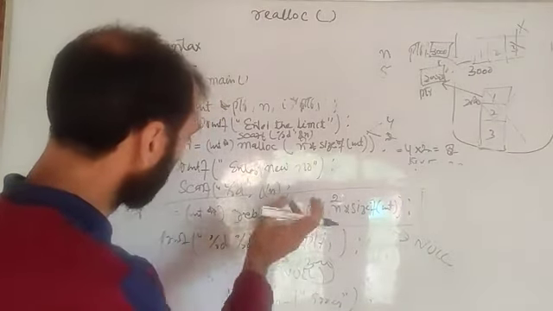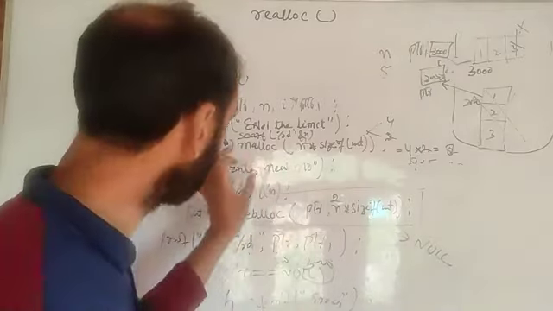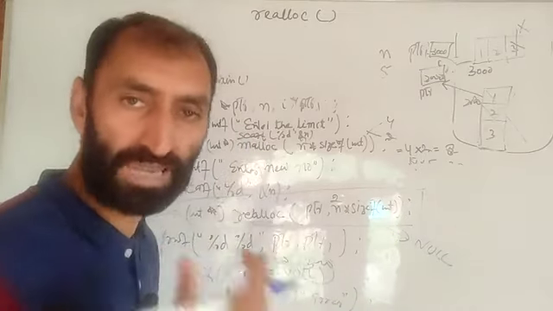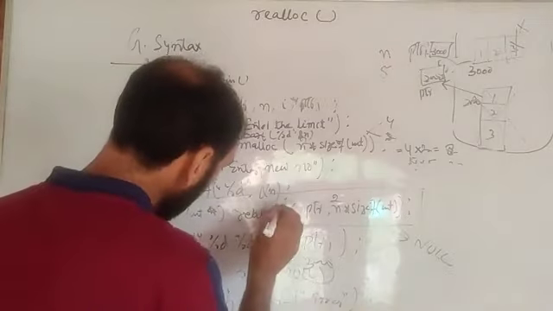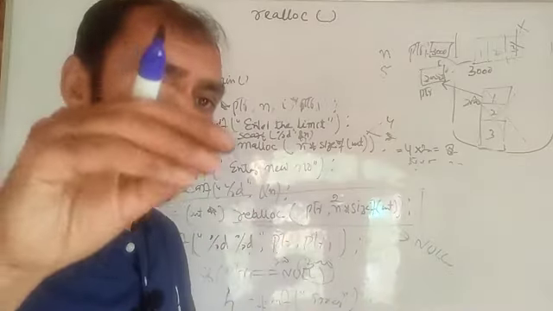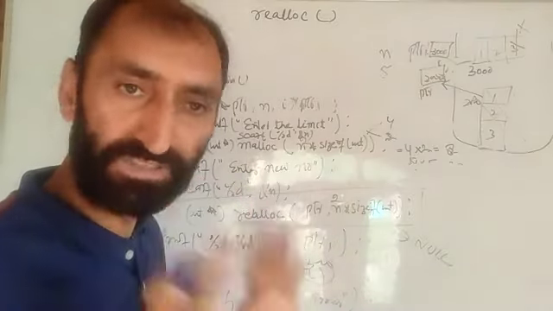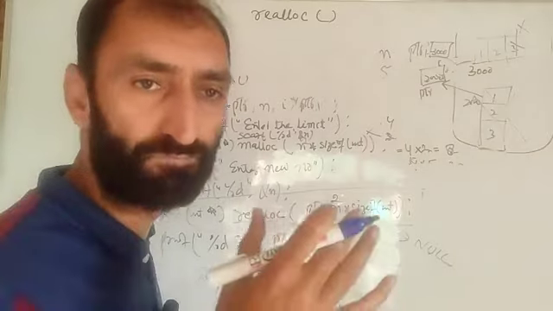We can use the realloc function when the memory is allocated using a malloc or calloc function, only of the two functions. Or we can say we can use realloc only in those cases where memory has been allocated dynamically. Otherwise, it will show us some undefined behavior.